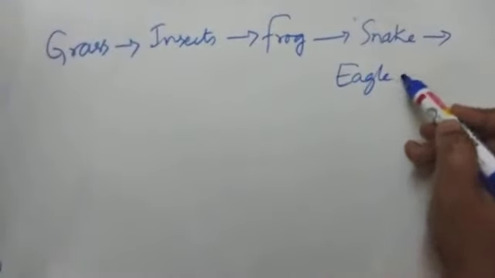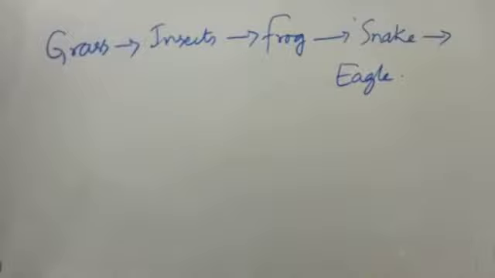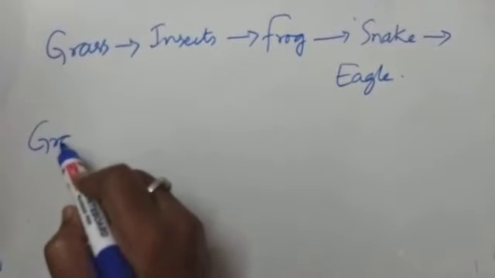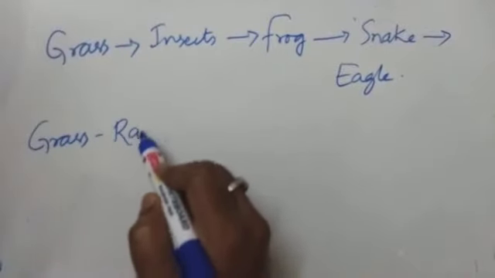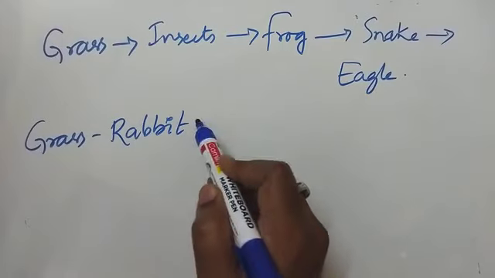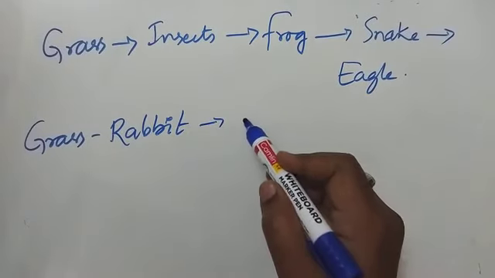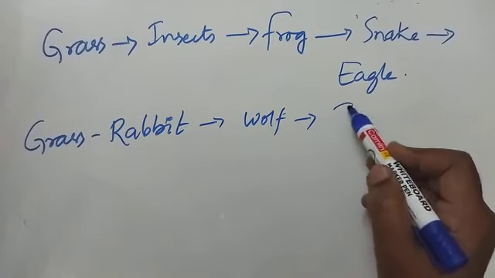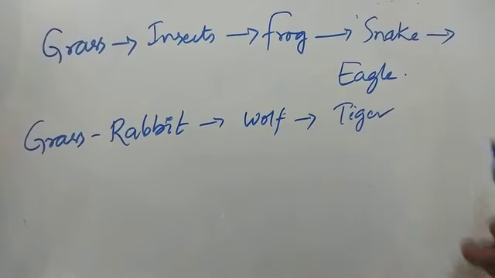Likewise, different food chains are there in the forests. Another one: grass is eaten by rabbit, rabbit can be eaten by wolf, and wolf can be eaten by tiger.